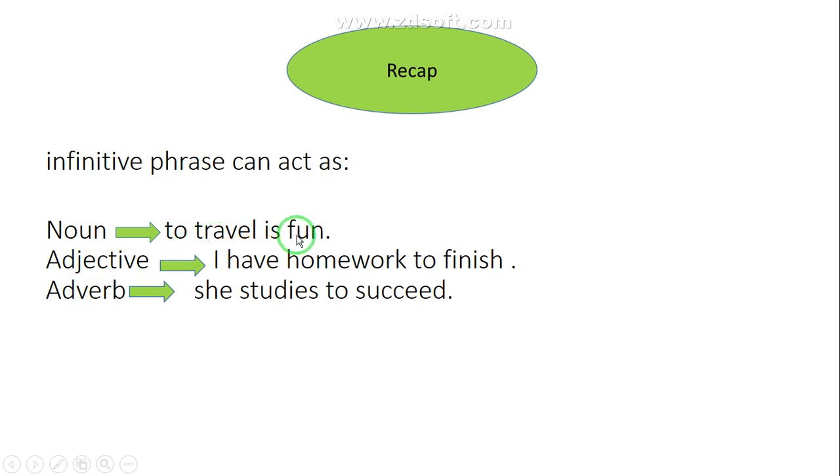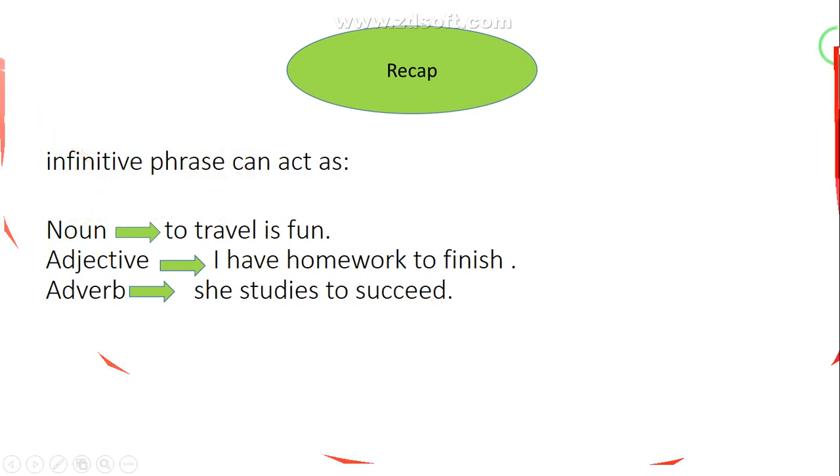Infinitive phrases can act as noun, adjective, or adverb. To travel is fun. To travel is our infinitive, okay? And since it comes before a to be verb, it is a subject, and it functions as a noun.